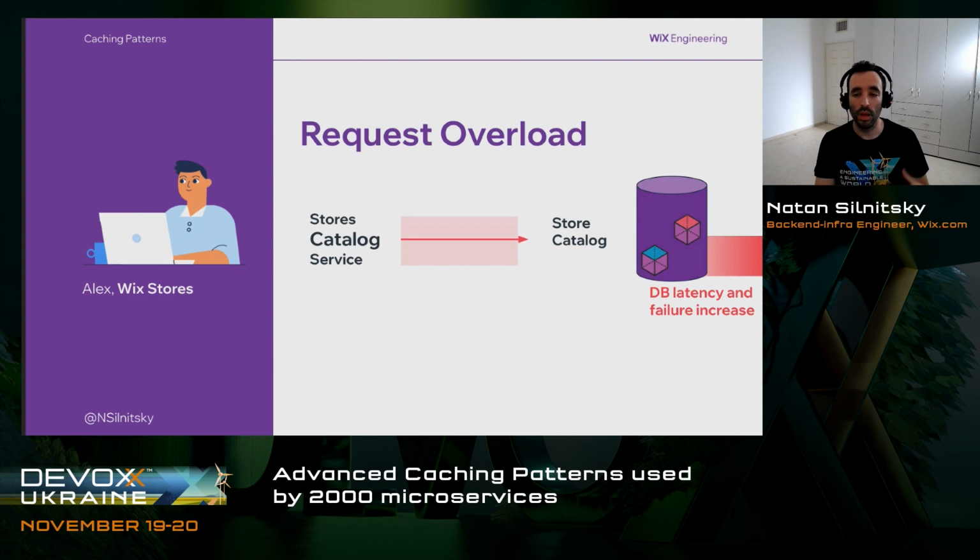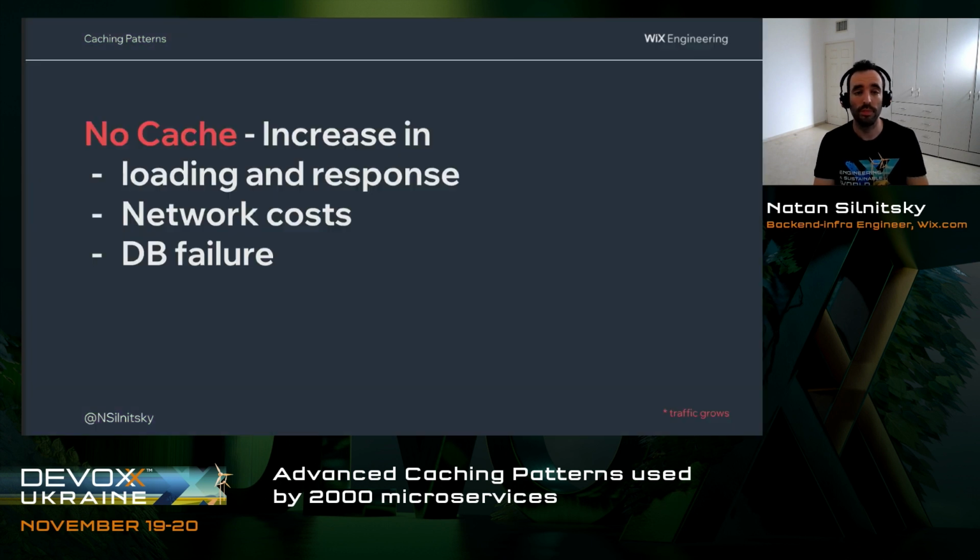Now, lately, Alex noticed that database latency has really increased, and sometimes even requests to fetch information actually fail. So Alex wants to make sure that even though the scale and traffic of Store's catalog grows, the database doesn't continue to be a bottleneck, and he wants to make sure that there won't be any failures.